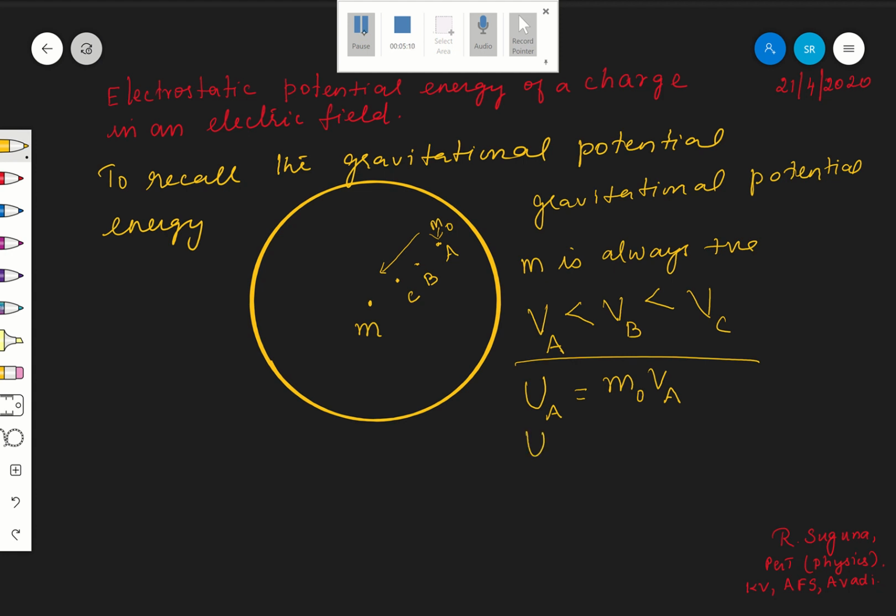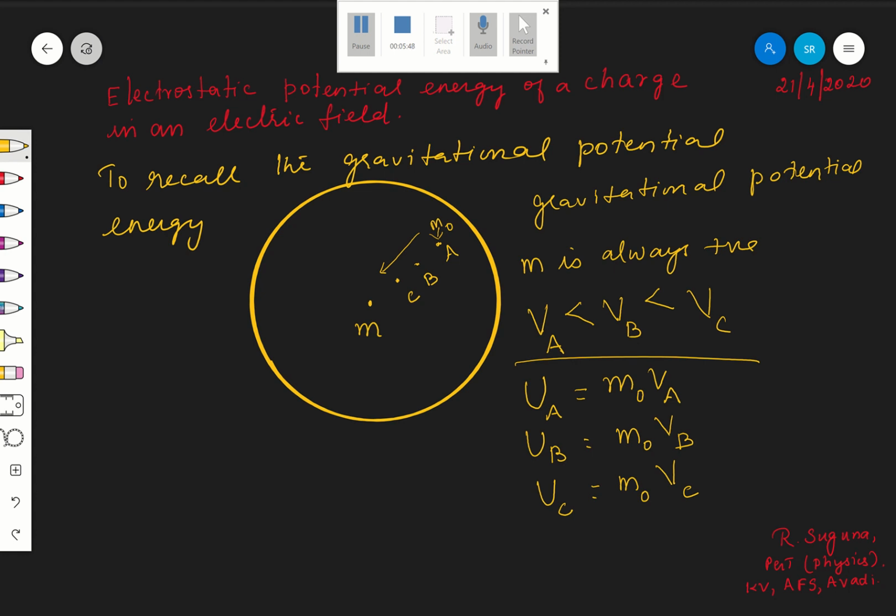Like that, UB is equal to M0 into VB. What is the potential energy of the test mass M0 when it is kept at C? It is UC, which is nothing but M0 into the potential at C, that is VC.